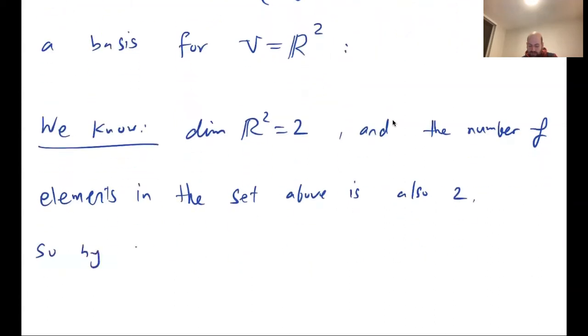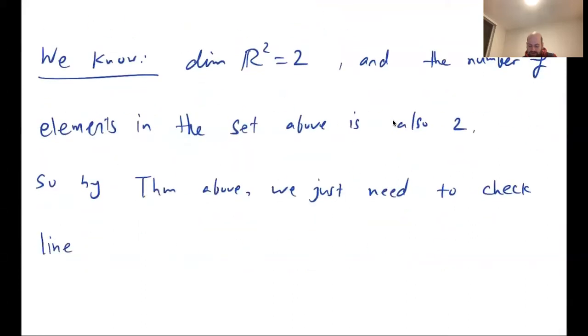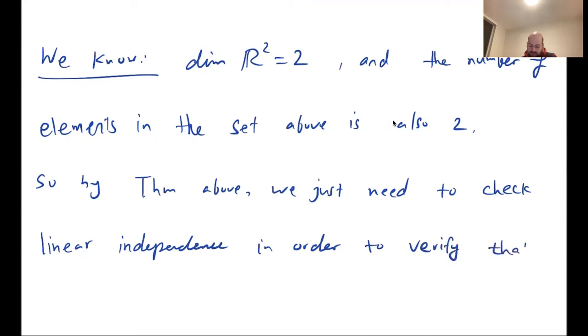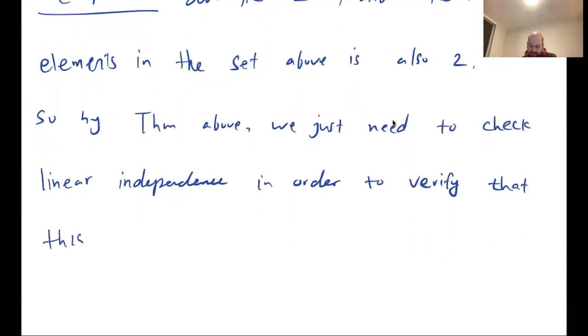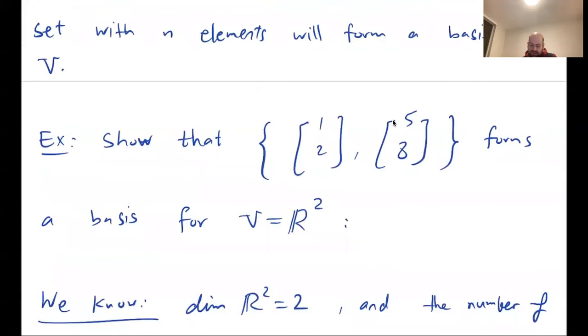So by the theorem above, we just need to check linear independence in order to verify that this set is a basis. So let's verify that these two vectors are linearly independent.